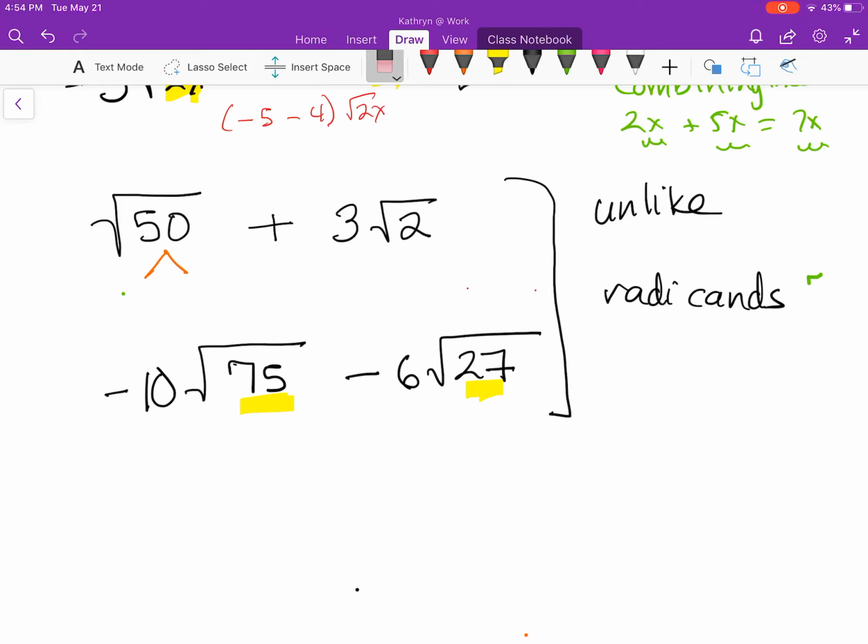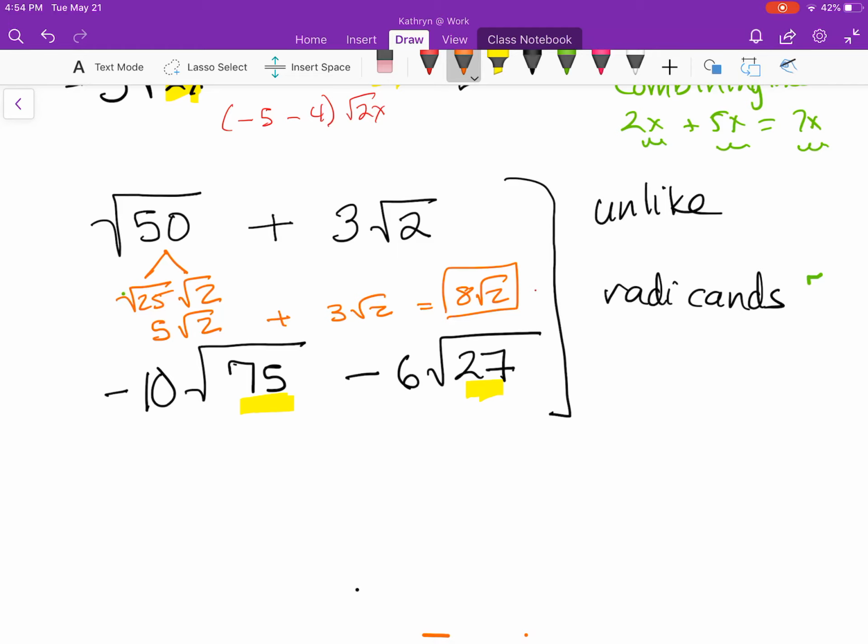So if I'm splitting up radical 50, I could turn that into radical 25 times radical 2, or 5 radical 2. And now my problem is 5 radical 2 plus 3 radical 2. The radicands are the same, so I can add the coefficients. 5 plus 3 is 8. 8 radical 2 is my answer.